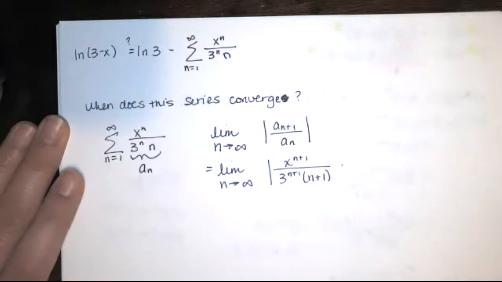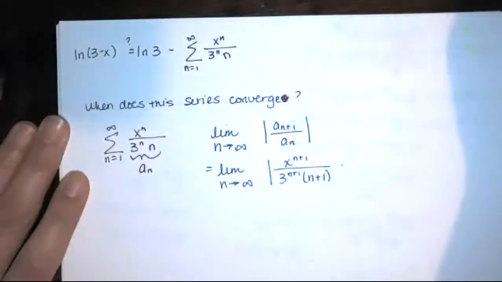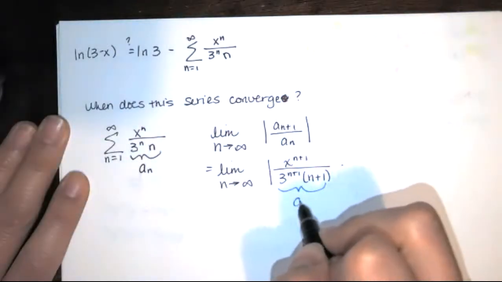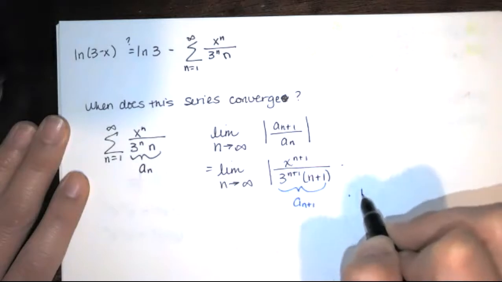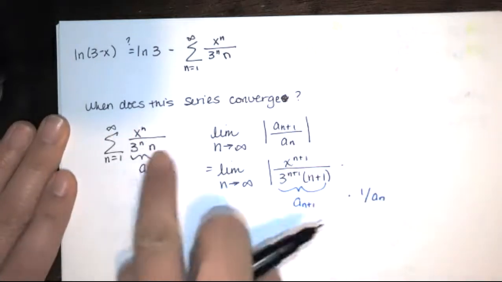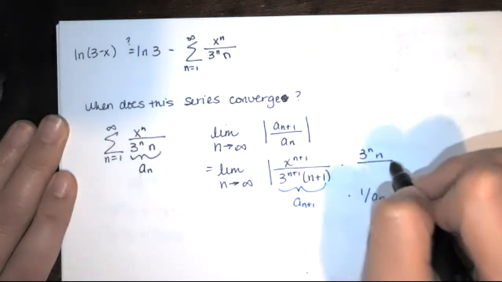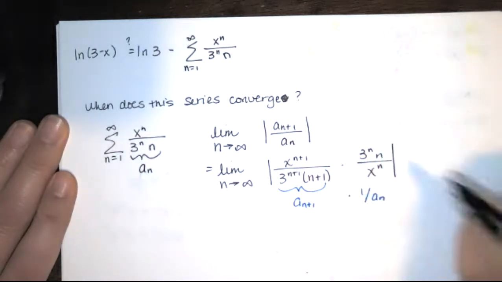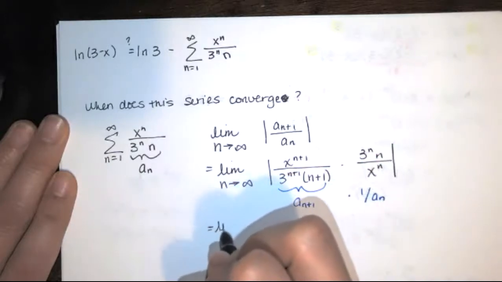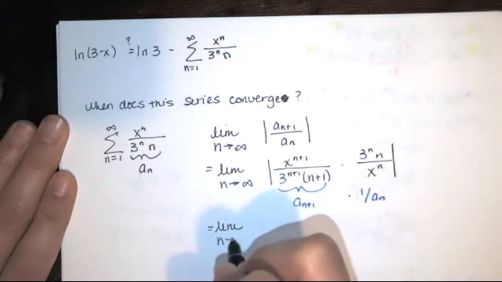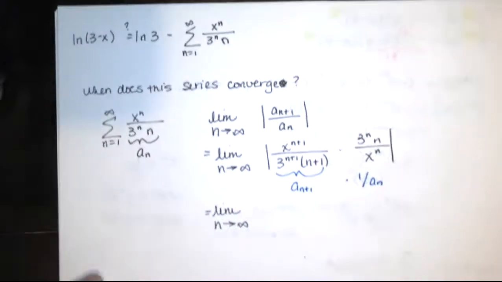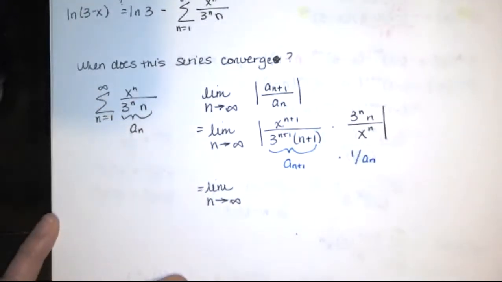And then we're dividing by a sub n. So we're just going to take a sub n, flip it, and multiply. And then because multiplication is commutative, we can change the order of things as long as the expressions in the numerator and denominator remain equal.